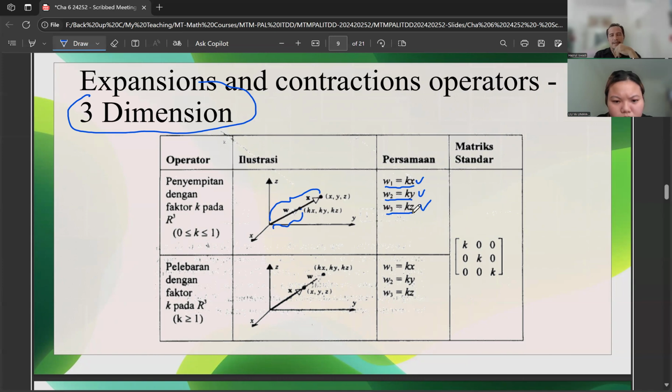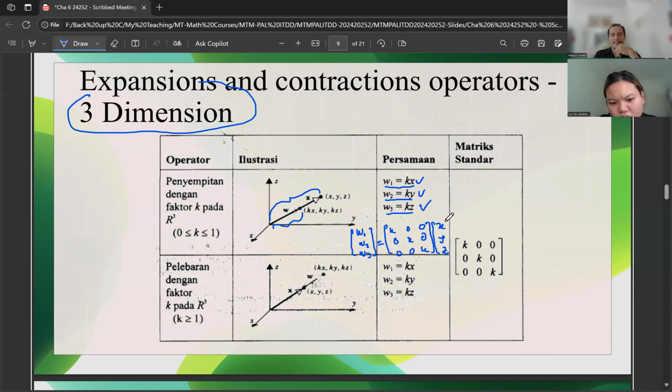As we did previously, we make the vector like this, w1, w2, w3, and then the matrix will be k, 0, 0, 0, k, 0, 0, 0, k. So we can multiply it by x, y, z.